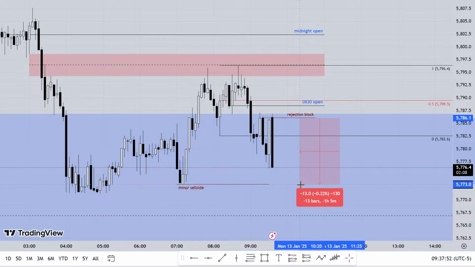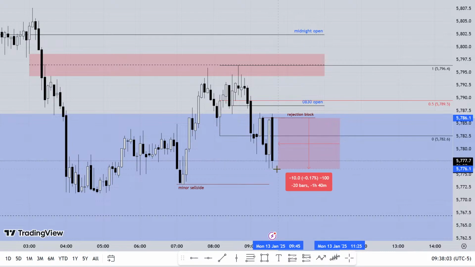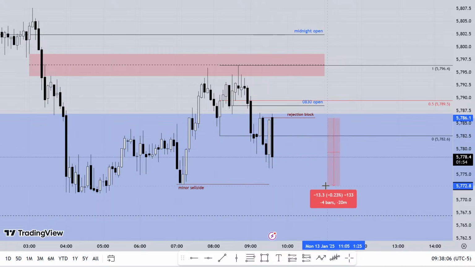You can take partials off at 5 handles, which is about here. Take your first partials here, take your second partials as price violates this low here, and then ultimate target here, which is this minus sell side liquidity pool.